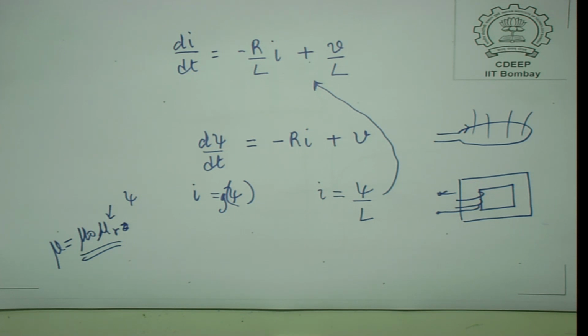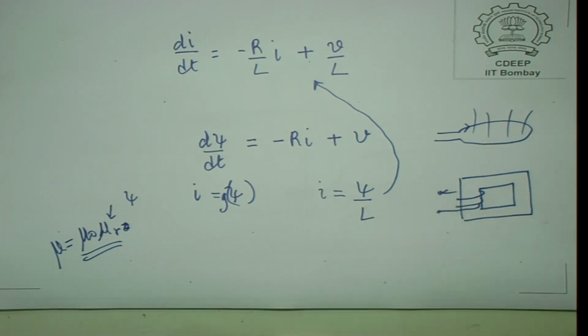Flux linked is nothing but the number of turns into the flux. The flux is of course B dot ds integrated over the surface, which is bounded by the curve in which we measure E dot dl, and therefore, if we assume that you have got a linear core, that is the material here is free space, then of course, we have to use the value of mu naught to get the relationship between B and I using Ampere Maxwell's equation.